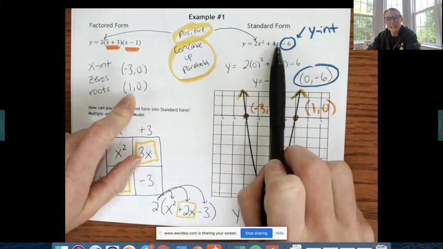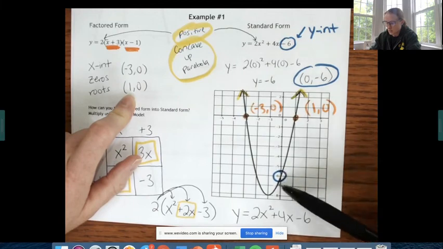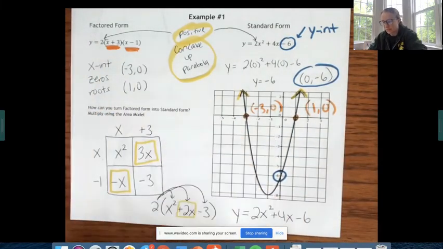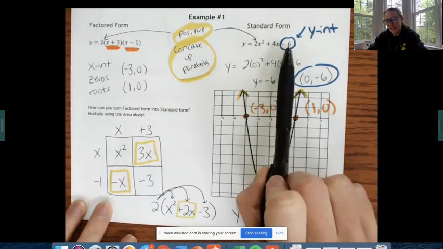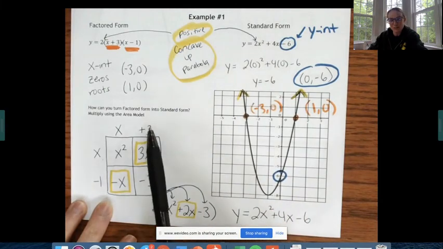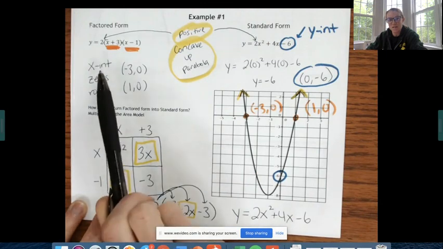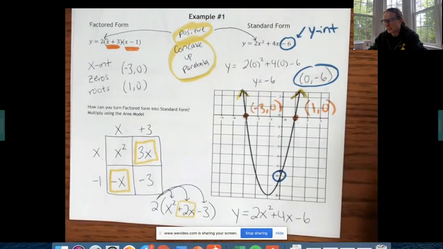And finally, I can see the y-intercept. So you can see the y-intercept in standard form, the x-intercepts in factored form, and you can turn factored form into standard form by just multiplying using the area model and distributing if you have an a value in the front. All right, I've got a few more examples for you.